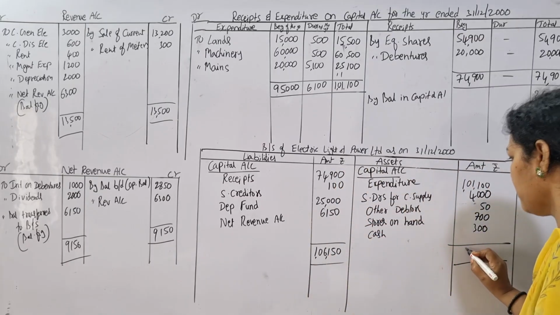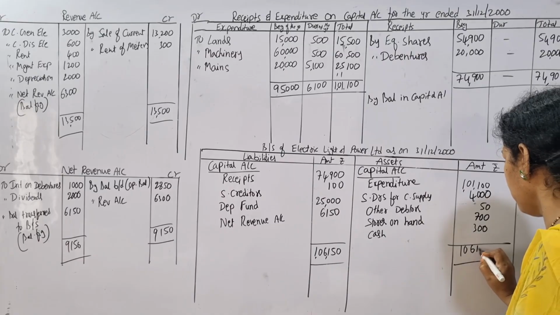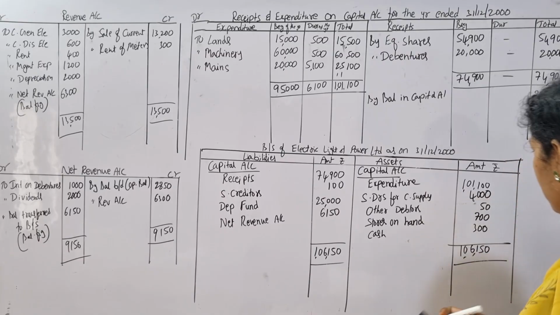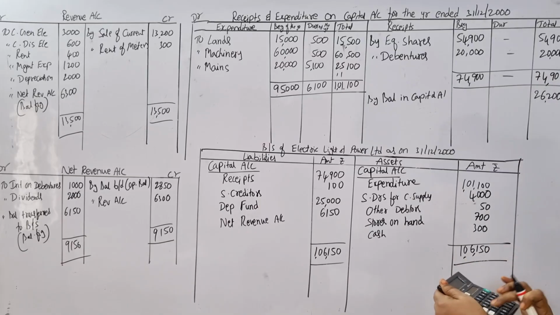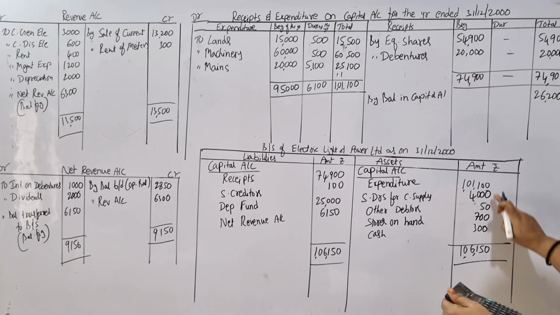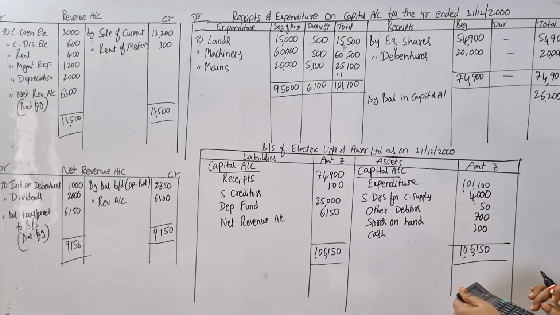Here also it should be the same, 1 lakh 6,150. Shall we check? 1 lakh 1,100 plus this is 4,500, 5,050. Yes, same.